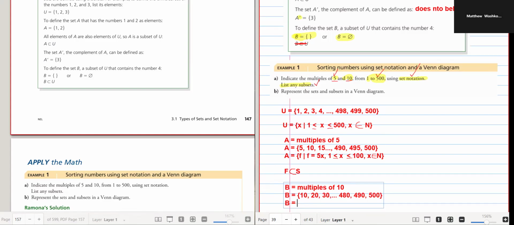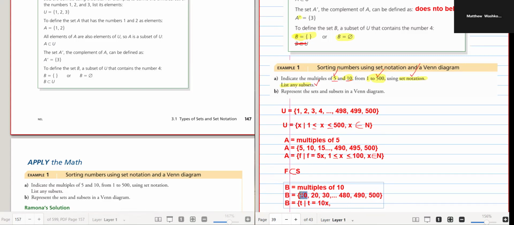So B is going to be equal to, I'm going to use T, T for tens. So I'm saying that T is a multiple of 10. What is T? Well, to find T, I take any number, which is X, and I times that by 10. It's 10X. If the set's 500, what times 10 gives me 500? 50.